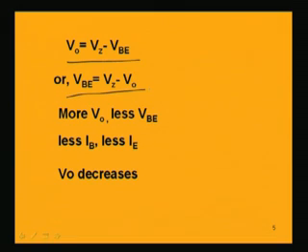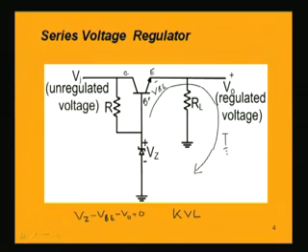So now if input voltage increases, then output voltage V naught also increases. There is a fluctuation. Let us consider that at some time the output voltage has increased, because supply voltage is increasing, obviously the output voltage will also be increasing.